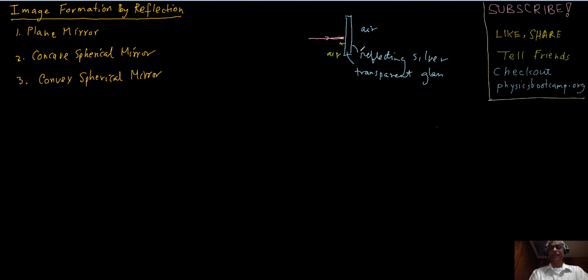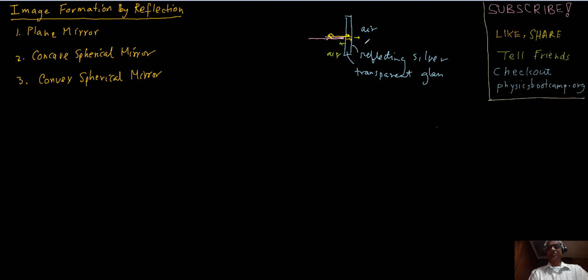A lot will get through, and then some will get through, and a lot will get reflected, and then this gets reflected. So there will be some back and forth, a whole bunch of reflections.